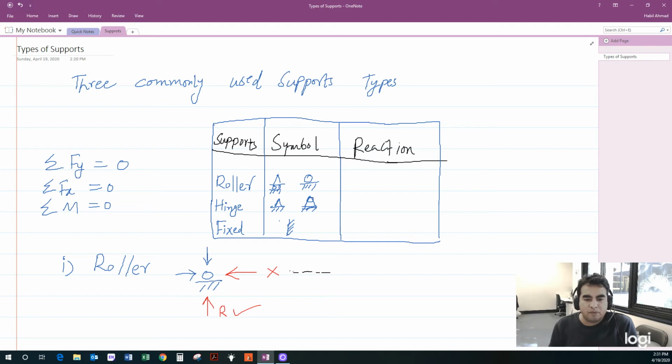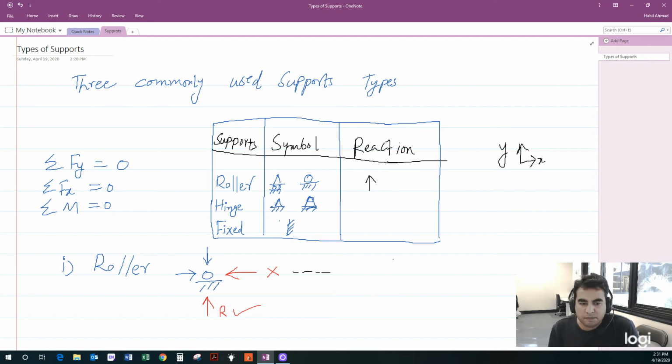So, to summarize, the roller support can only resist vertical loads and forces. The reaction capacity of a roller support is only in the y direction, the vertical direction, if we are assuming the system x in this direction and y in this direction.